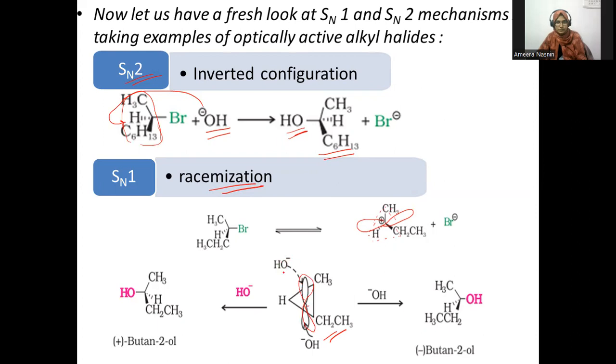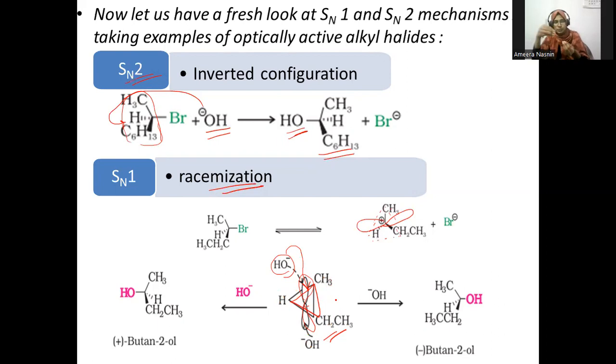and the new nucleophile can attack either from the upside direction or from the downward direction, as all the groups, this ethyl group, methyl group, and hydrogen, occupy the same plane. So the incoming nucleophile can attack either from the upside direction or from the downward direction.